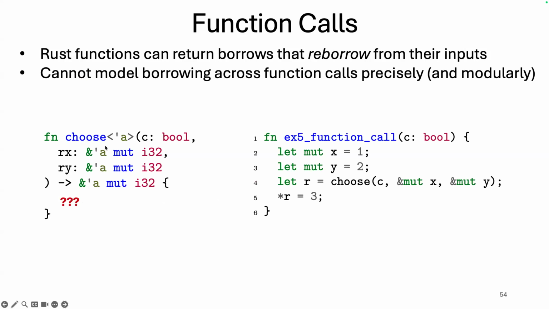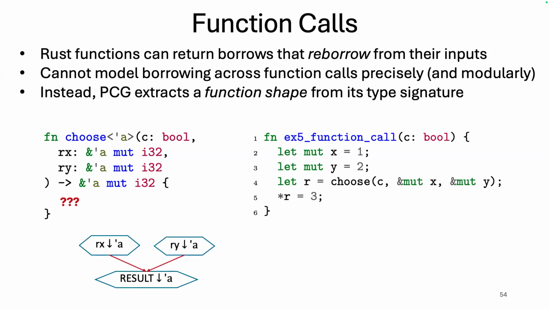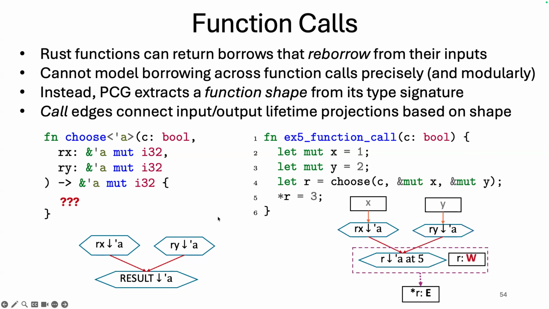And to handle this case, what the PCG does is it constructs a shape of the function from the type signature. And the shape always takes the form of a bipartite graph from the inputs to the outputs. And then at the function call itself, this shape is just substituted into the graph.